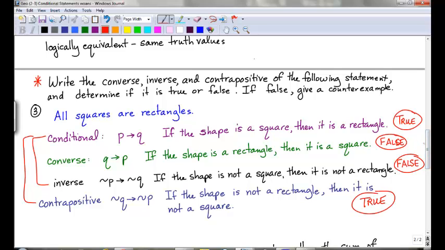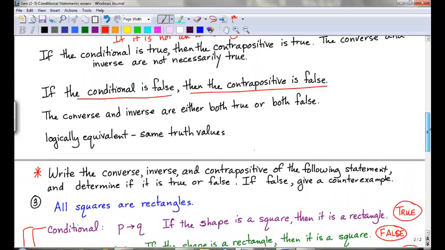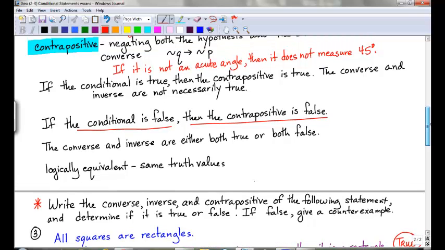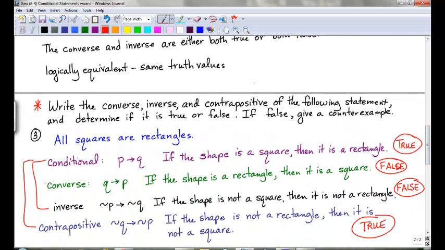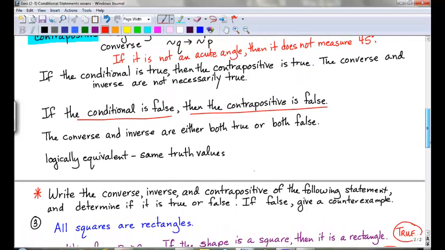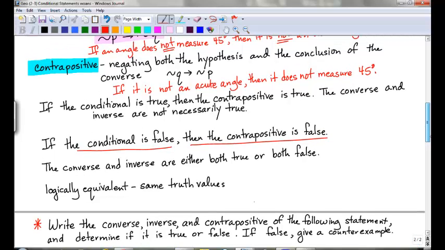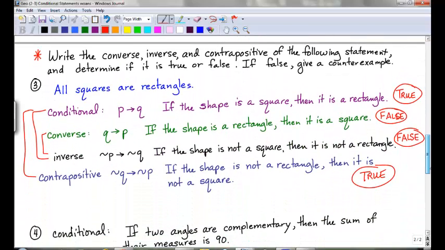What else could we mark together over there? The converse and the inverse. We could put these two together, right? Yep, they're either both false or both true. Converse and contrapositive, is there any relationship between those? No. Okay, we're okay on that one?